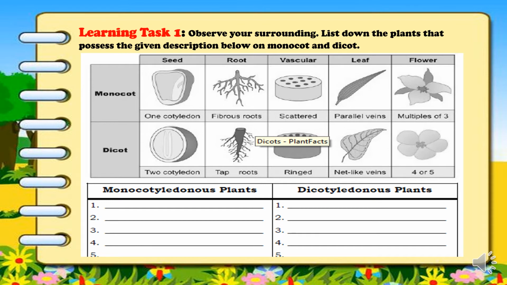While dicot has two cotyledons. For the roots, tap roots. Vascular, ringed. For the leaf, net-like veins. And the flower has four or five petals. So you have to list down at least five monocotyledonous plants and dicotyledonous plants that possess the description.